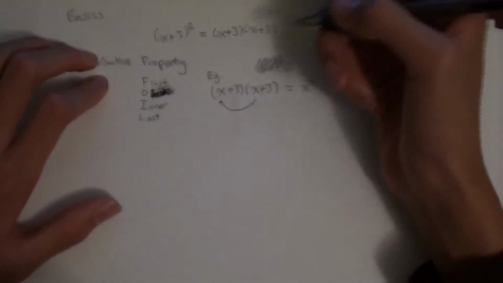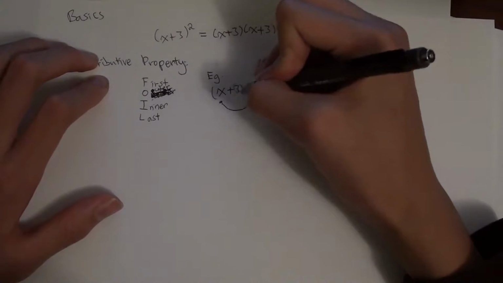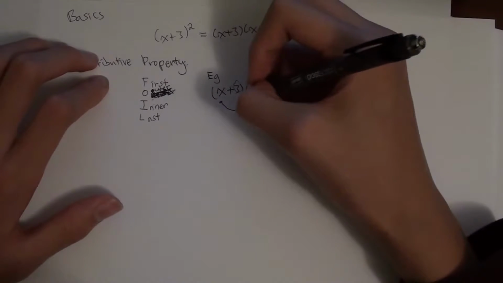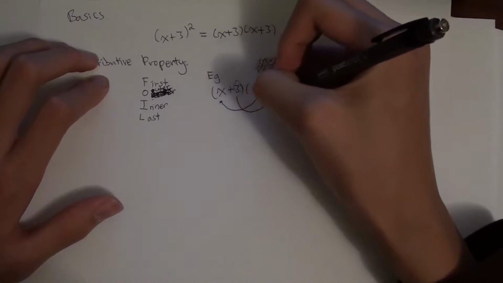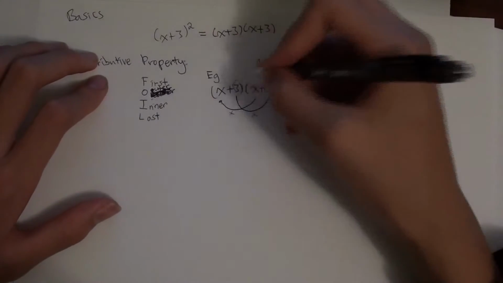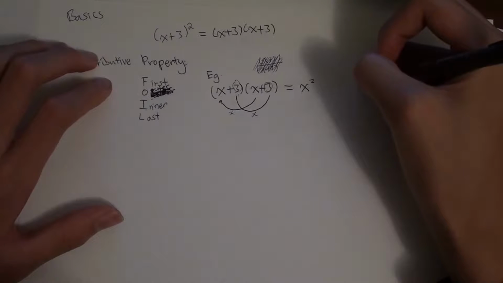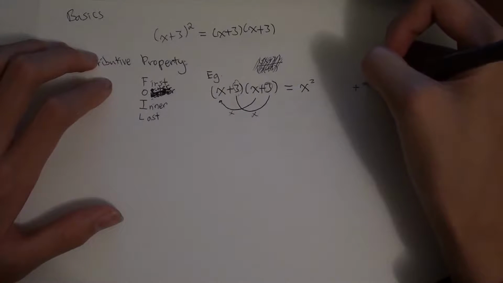Outer means you would multiply together the two outer terms, which is 3 and 3.